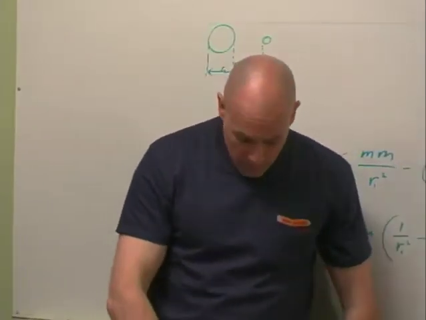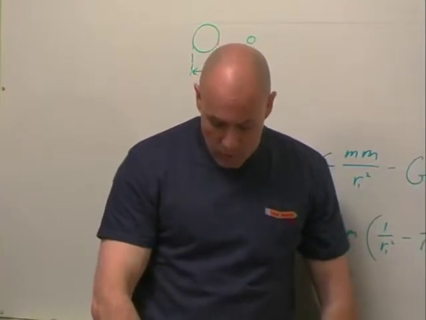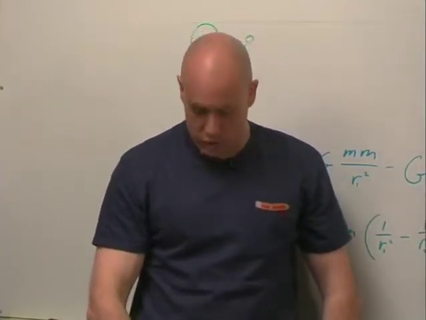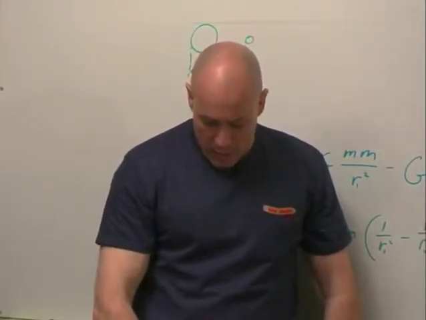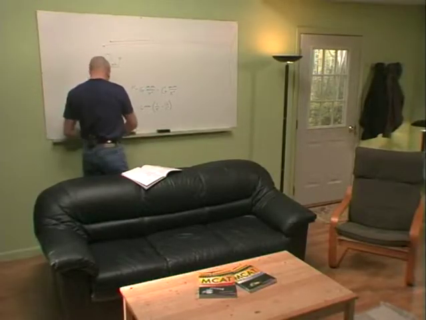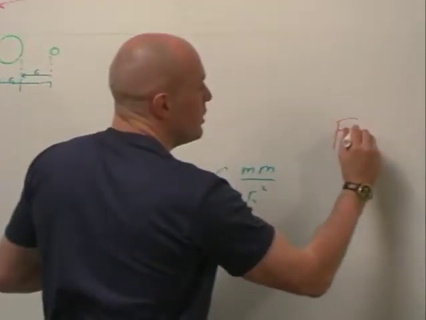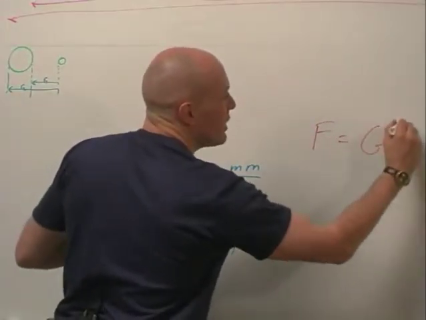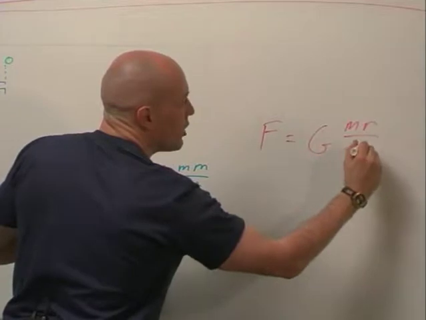Question 21. In 11 million years, the moon will be 3,000 kilometers farther from the Earth. How will this affect high tides? Well, the high tide is affected by Newton's law of gravity, F equals G m m over r squared.